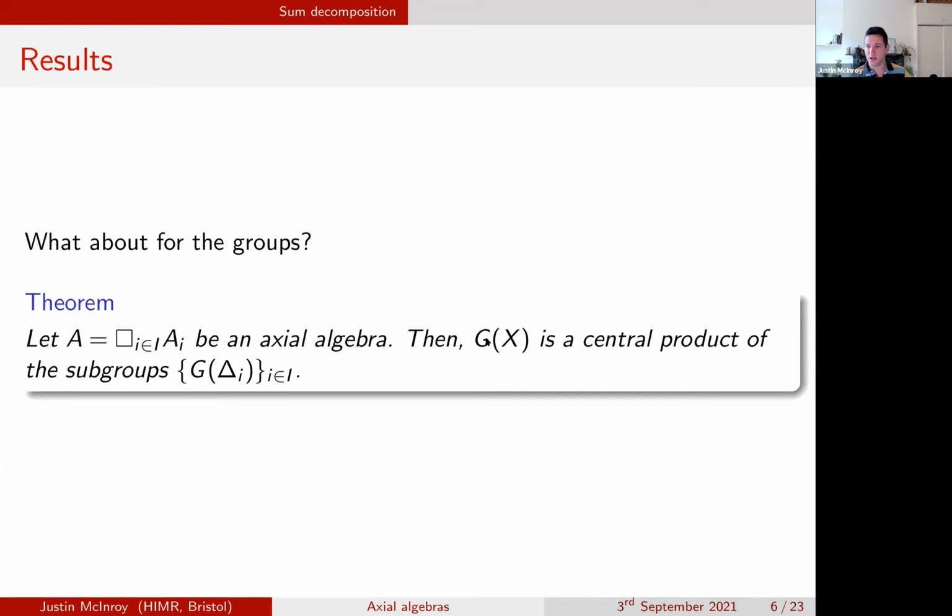So the Miyamoto group is a central product of the Miyamoto groups which are generated by just these connected components. This is the best we could hope for, a central product, because these things are going to commute, but they may have a center which is common to each. So that's good. The groups work as expected.